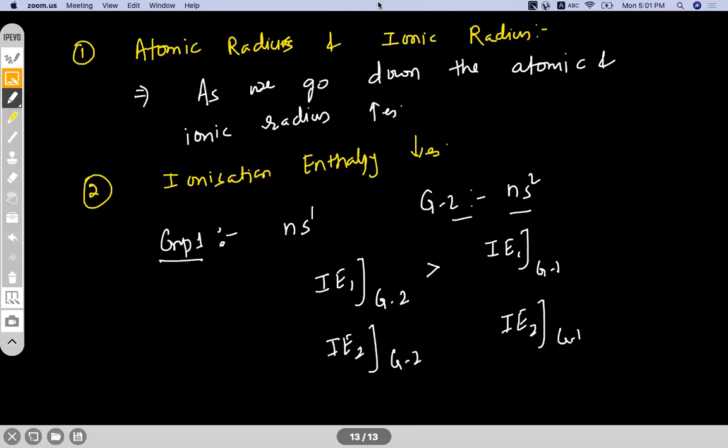If you look at the configuration, IE2 of group 2 will be lesser because group 1 has a stronger or stable configuration. So the order is opposite over here.